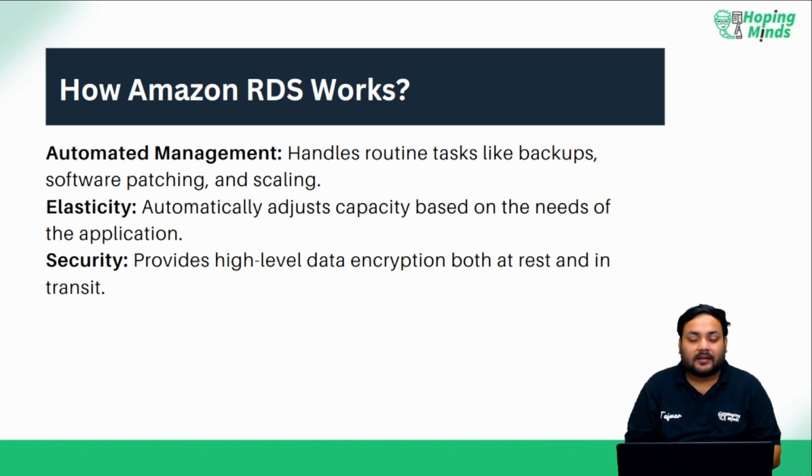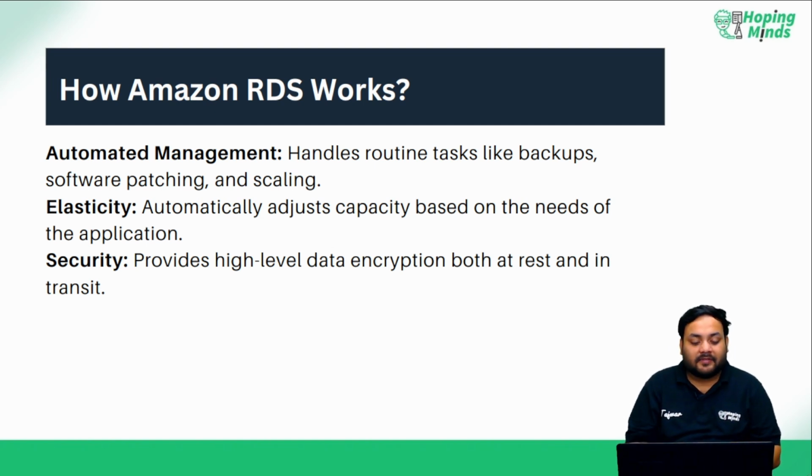Then we have elasticity, a word we keep repeating from the very beginning. Whenever there is an increase in requirement, it adjusts its capacity based on the traffic we have, or the data we are trying to store.